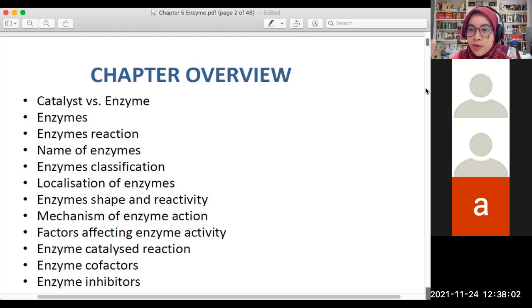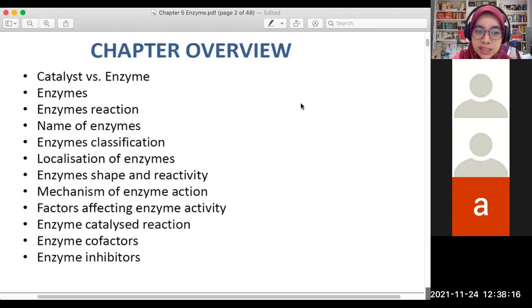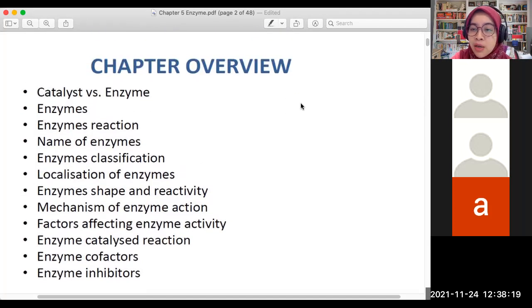There are indicators showing that there might be some disruption or damage to our enzymes. There are certain diseases that are related to enzymes. For example, the common symptoms would be when we have fever or trouble digesting certain things.